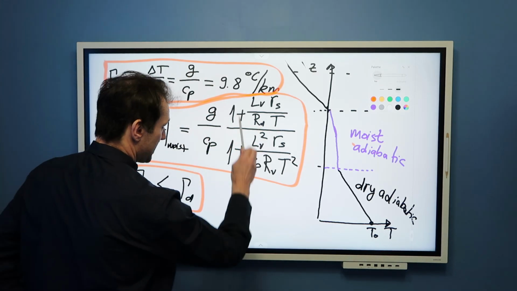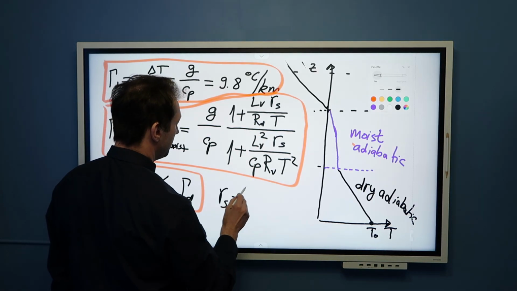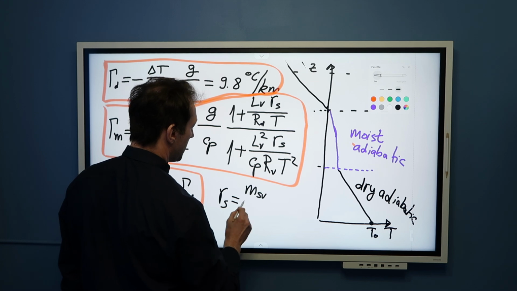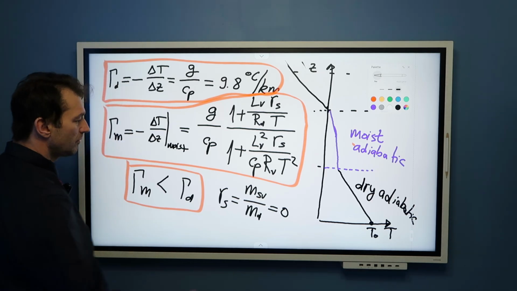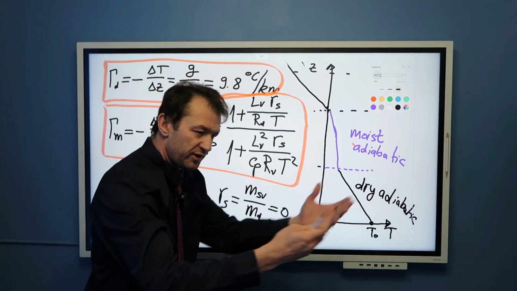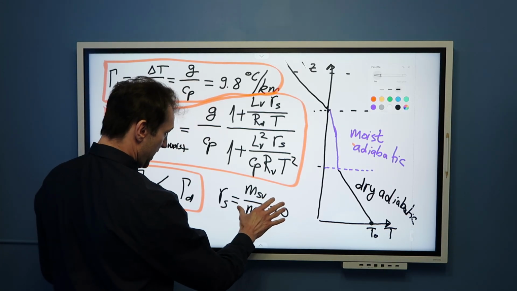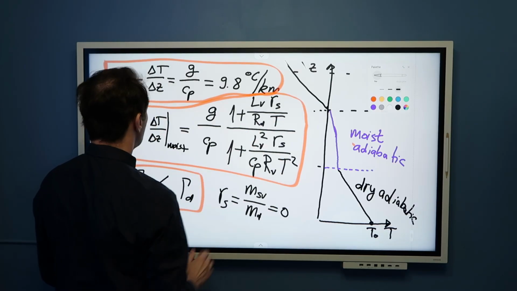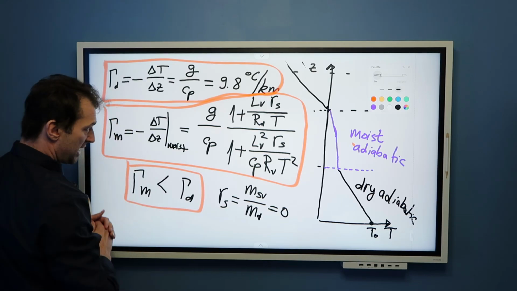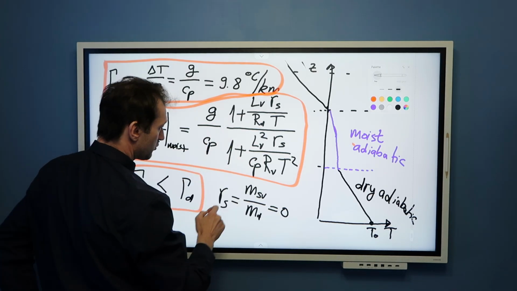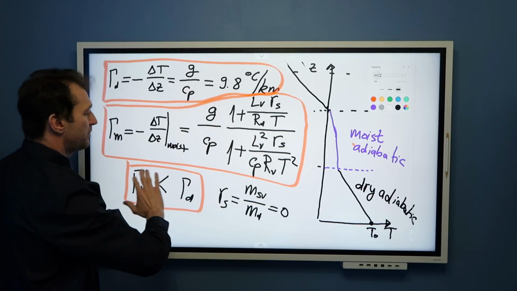While this is a very big mess, you can also see that if Rs, which is equal to the mass of saturated water vapor divided by the mass of dry air, is equal to 0, in other words, if there is no water vapor in the parcel of air, then this whole term is equal to 1, and indeed the moist adiabatic lapse rate is equal to the dry adiabatic lapse rate. 1 plus 0 is 1, 1 plus 0 is 1, 1 divided by 1 is 1, so GCP, GCP.